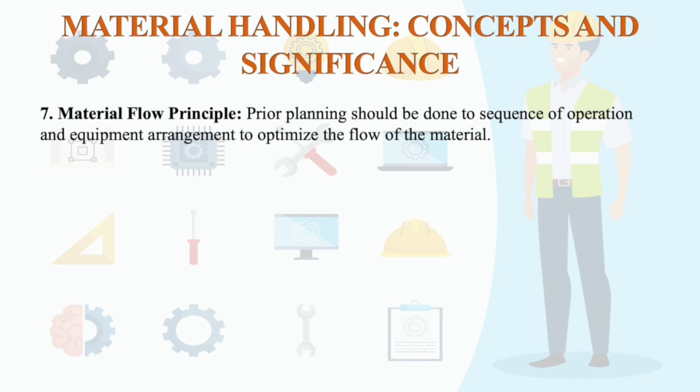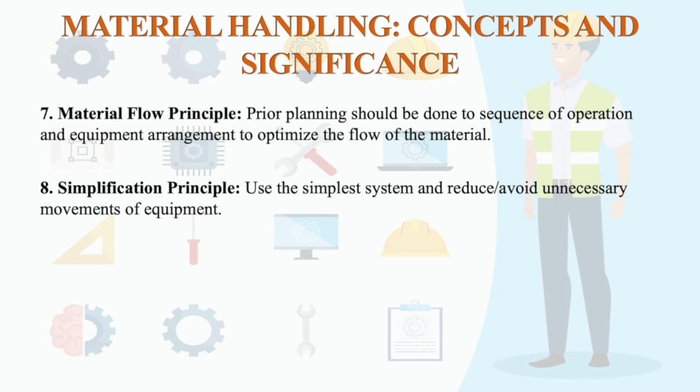Material handling flow principle: prior planning should be done for the sequence of operations and equipment arrangement to optimize the flow of materials. Simplification principle: use the simplest system and reduce or avoid unnecessary movements of equipment.